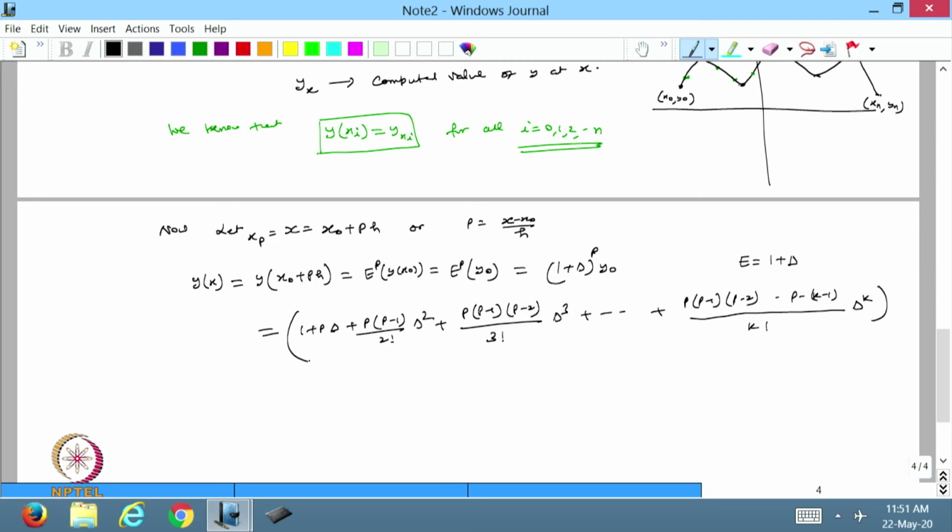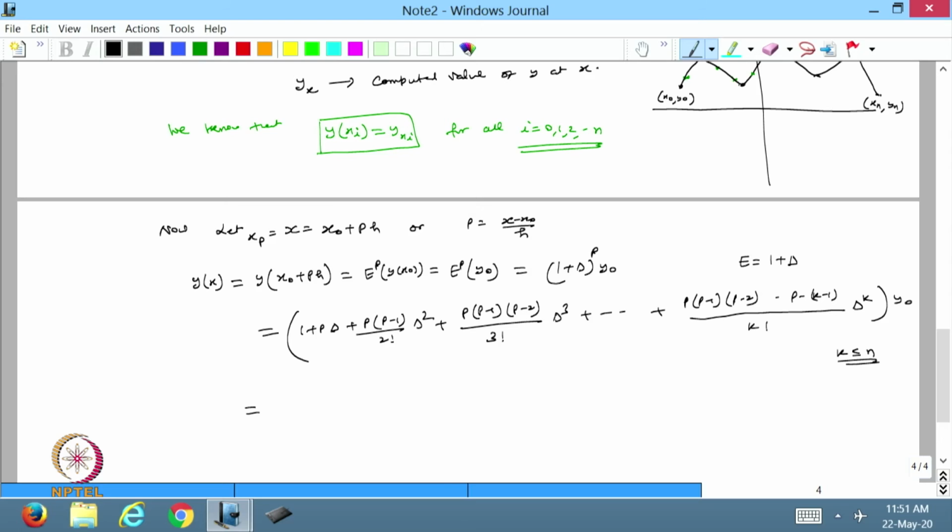So, this my polynomial is going up to the kth finite difference, applied on y naught. This k is always less than or equal to n. So, definitely this polynomial will be a terminating polynomial, and it will terminate after the kth finite difference, and that k is always less than or equal to n.